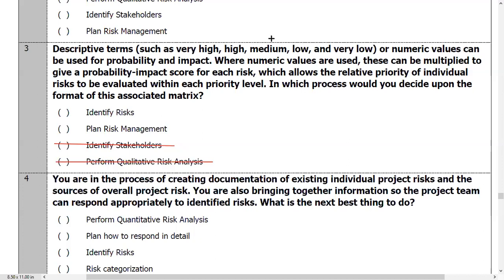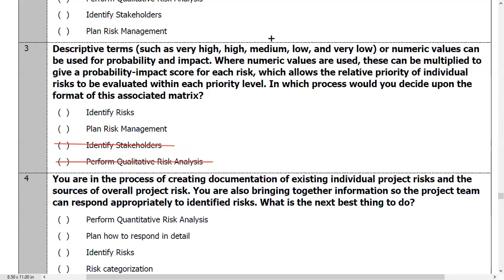So go into where this was shown in 12.1, page 408. It says probability and impact matrix prioritization rules may be specified by the organization in advance of the project and be included in organizational process assets, or they may be tailored to the specific project.